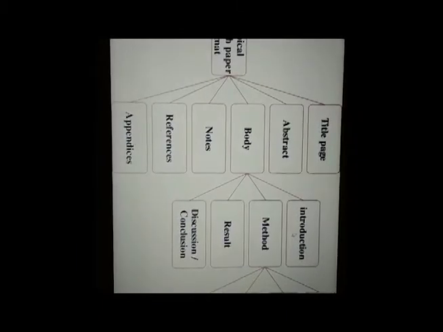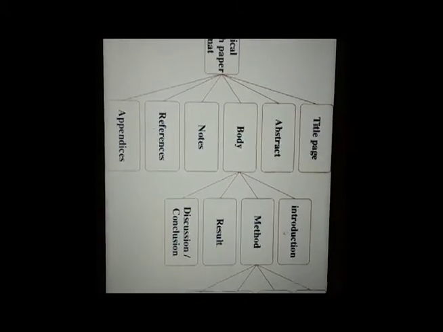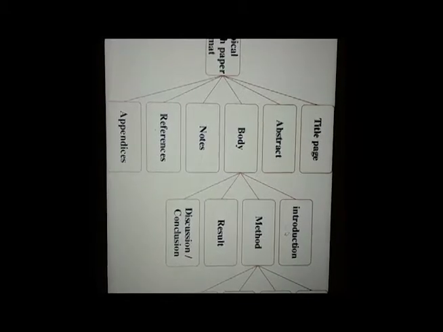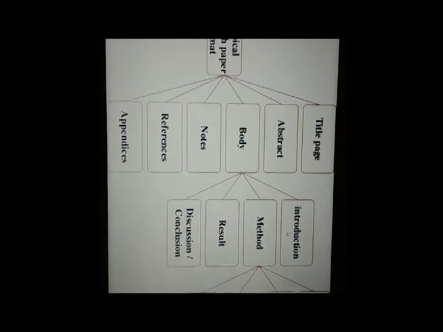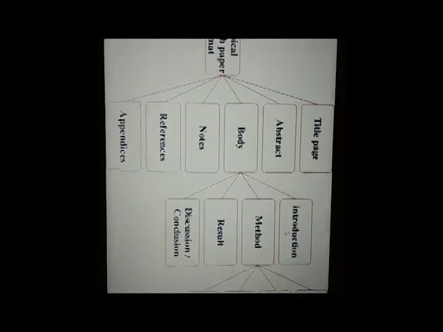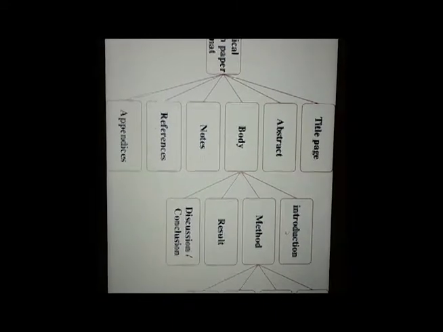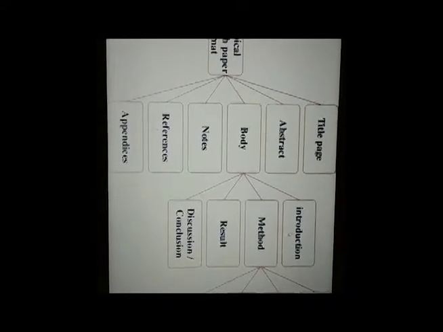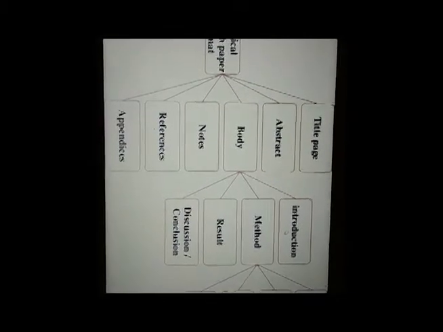Identification of a problem in the introduction part usually discusses the problems that students face. For example, identification of the problem in speaking skills faced by students of SMA 1.